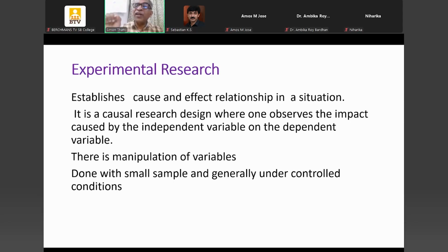So I could isolate the intervening variables and look at only what has happened to the dependent variable because of the independent variable. That is called experimental research. That means you have perfectly controlled the other variables. That is exactly experimental research.